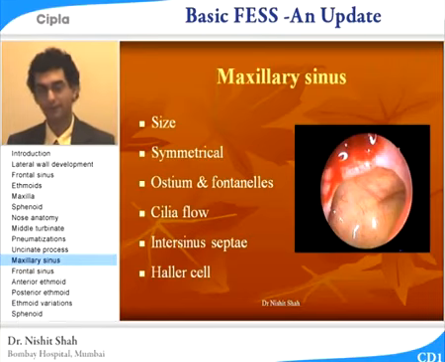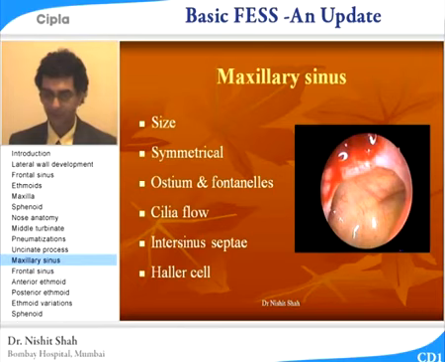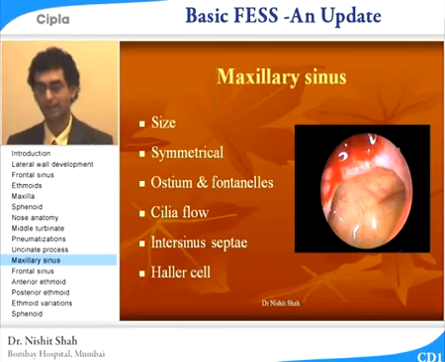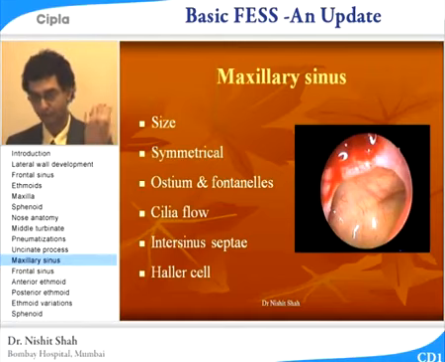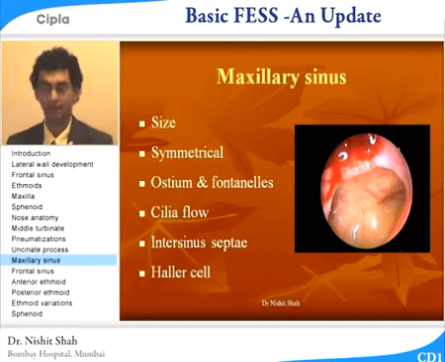You occasionally may have intersinus septae, and sometimes you may have a Haller cell, which is an ethmomaxillary cell, part of the ethmoid complex, which can come into the floor of the orbit and obstruct or reduce the opening of the maxillary sinus.